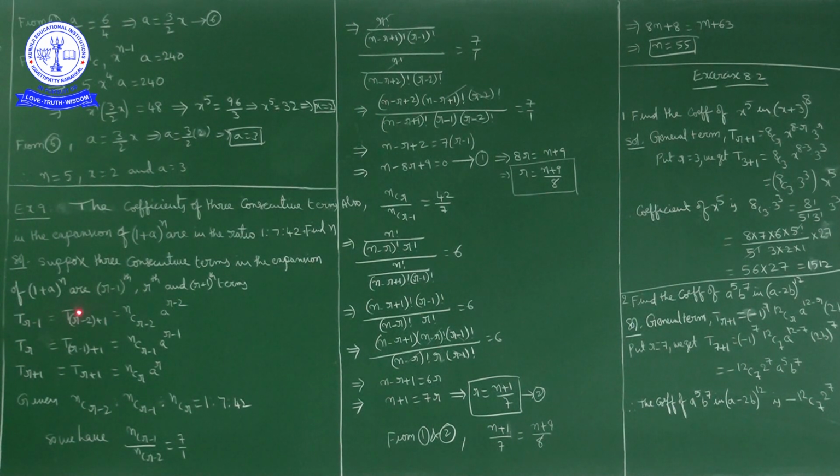T_(r-1) is equal to T_(r-2+1), which is nC(r-2) a^(r-2). Now the rth term, T_r, is equal to what?